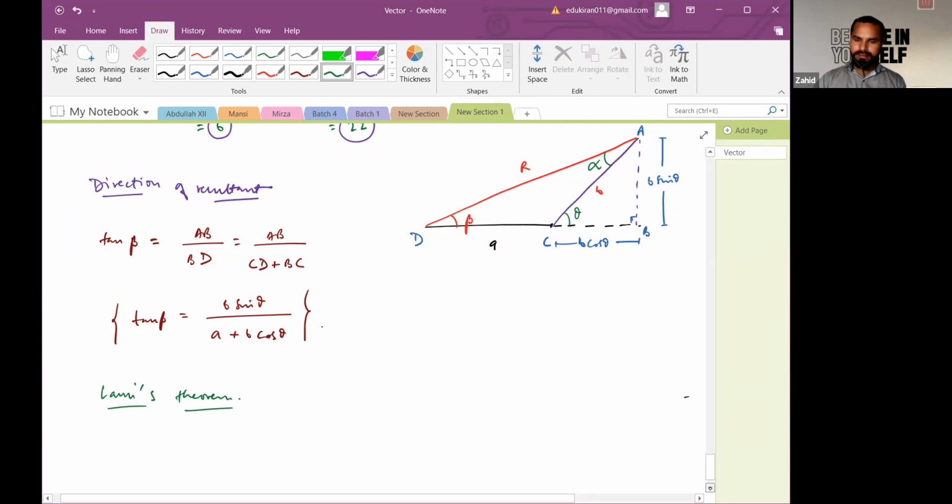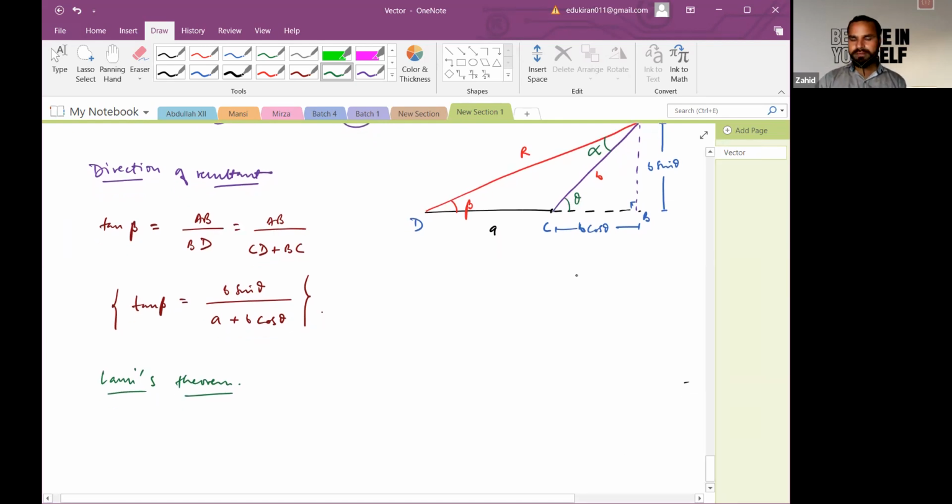So it states if three vectors form a closed loop, there is a relation between them with respect to their angle. So it will be A upon sine alpha equals B equals R.